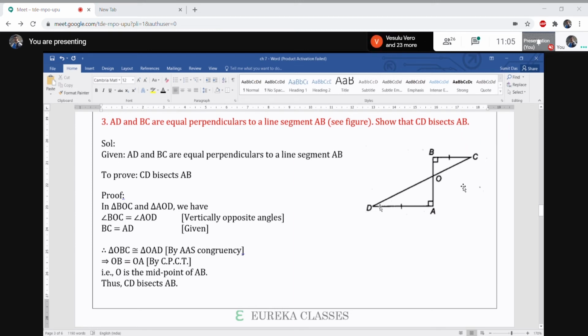BOC and AOD, these two angles are vertically opposite angles. Now BC equal to AD, BC and AD are equal, given.